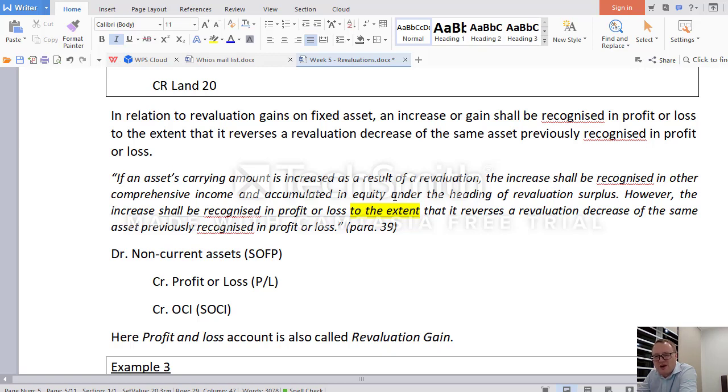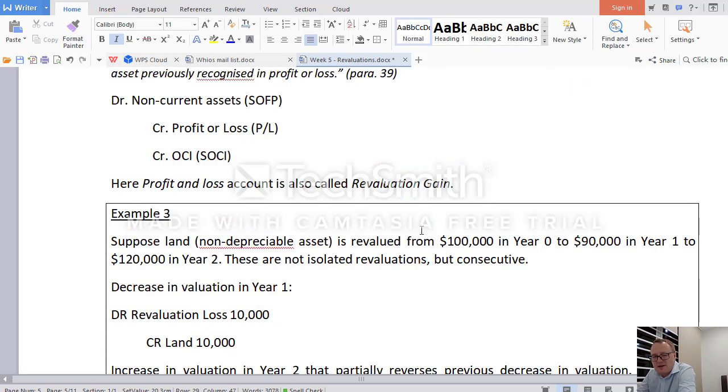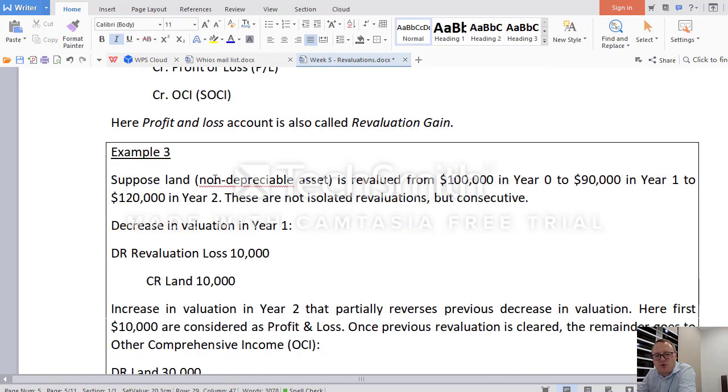However, the increase should be recognized in profit and loss to the extent it reverses a previous revaluation. In other words, let's look at the example. Suppose land is initially revalued from 100,000 to 90,000. So devalued, downward revaluation. Decrement is 10,000.